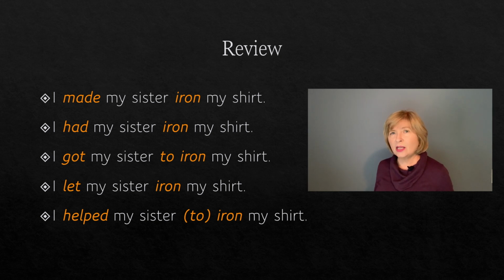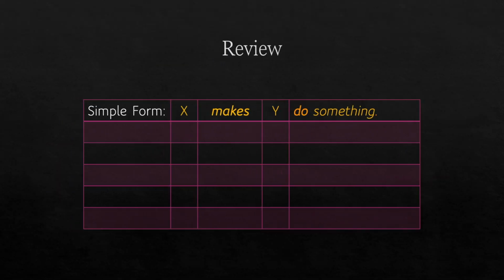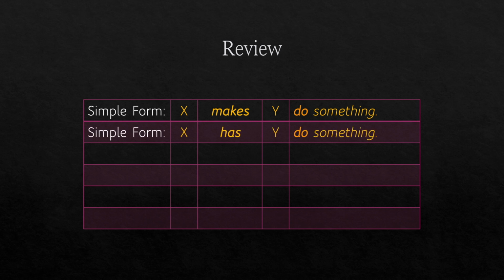So to break this down to a simple chart for you, we have some simple forms and infinitive forms. Have a look. The first one uses the simple form, and it's X makes Y do something. Another simple form is X has Y do something.